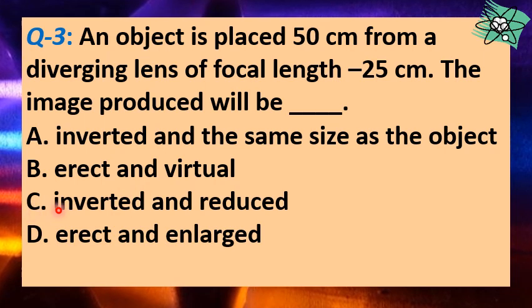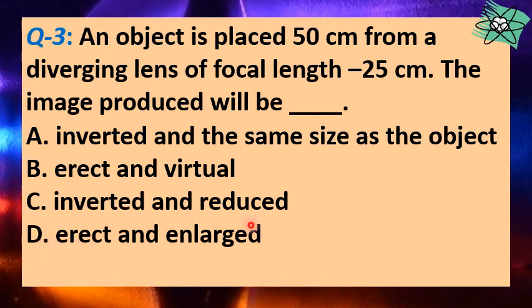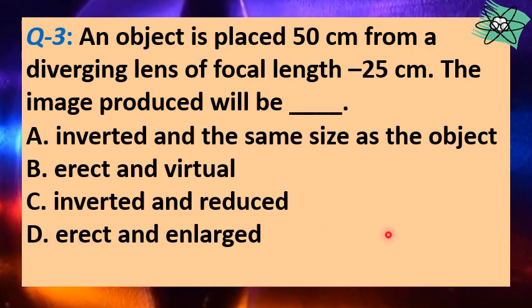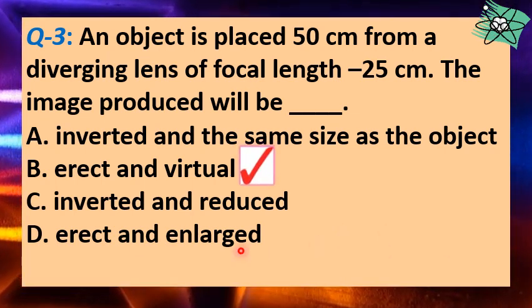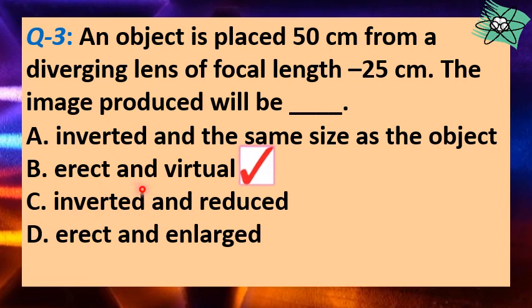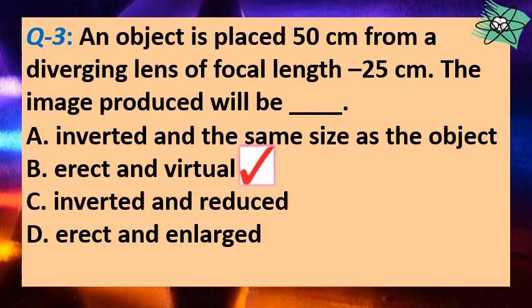Option letter C, inverted and reduced. And option letter D, erect and enlarged. The correct answer is option letter B. The image produced will be erect and virtual. We have the explanation in just a while.